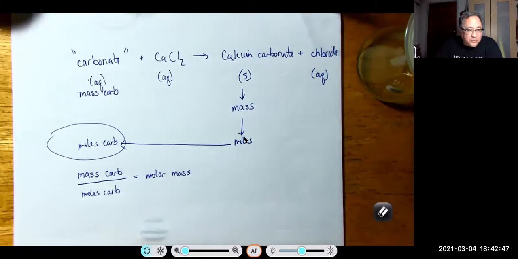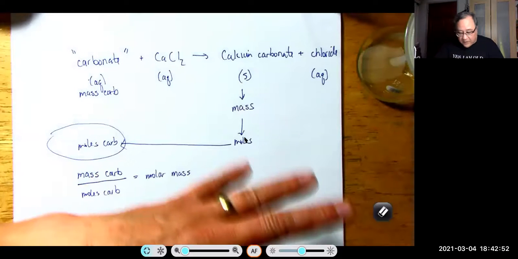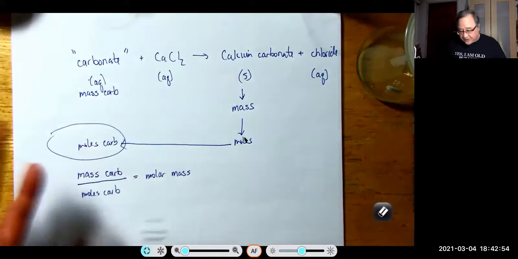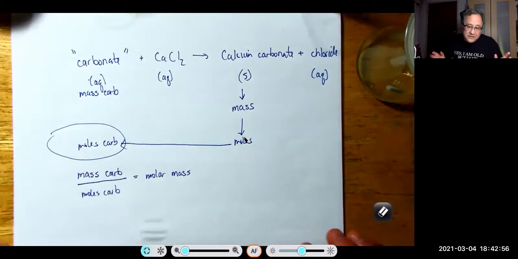Also, in your lab write-up, you want to say, well, I think whatever your number is, 26 was sodium sulfate. I'll be able to tell you if you're right or wrong. So in your lab report, you'll actually be able to say with certainty whether you were right or wrong.